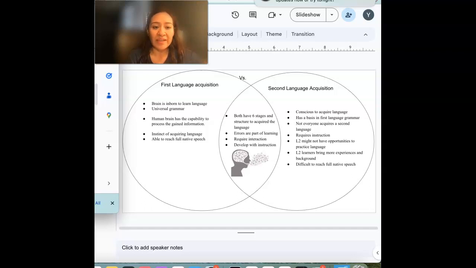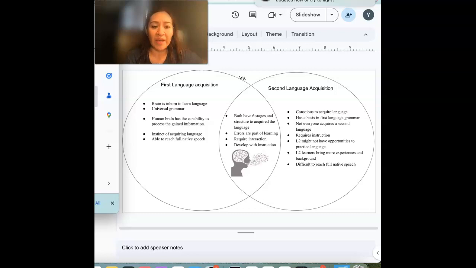When learning a second language, the learner is conscious and aware of the language being acquired. This means that acquiring a second language requires that person to attempt and try to learn the language, so they need to somehow have some interest in learning a second language, and this is one of the main reasons why not everyone learns a second language.